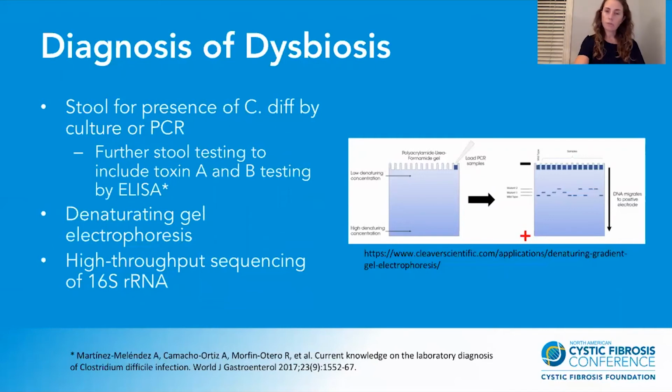Denaturing gel electrophoresis and high throughput sequencing of 16S rRNA is used mainly in the research setting to assess diversity and quantify the abundance of the fecal microbiome. However, these techniques are not ready for incorporation into clinical management because reference ranges have not been established and validated.